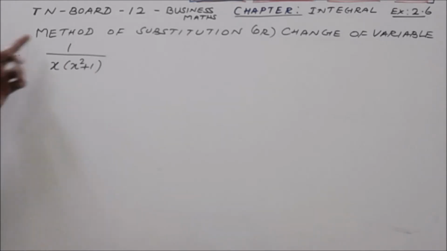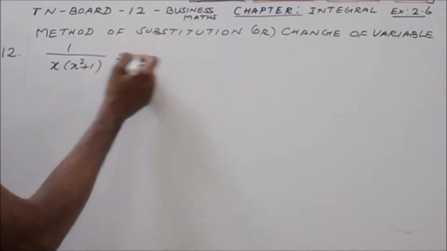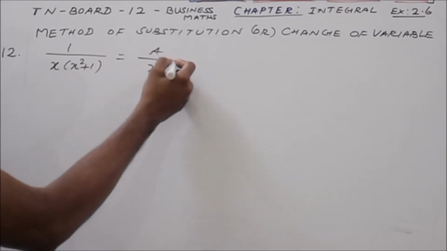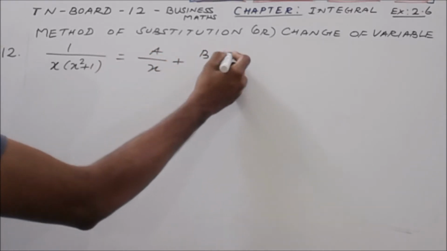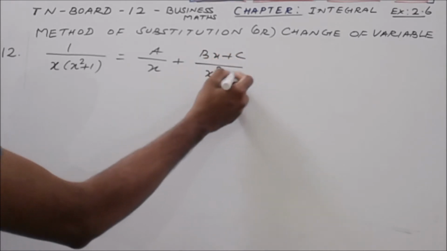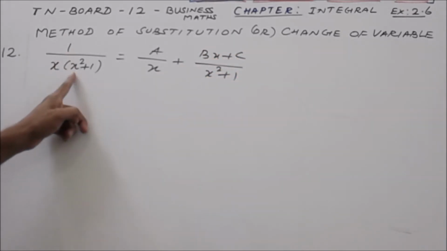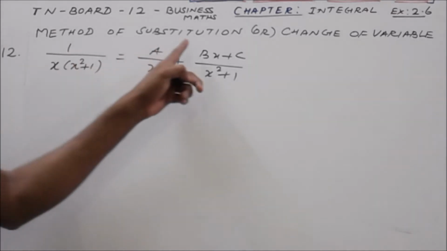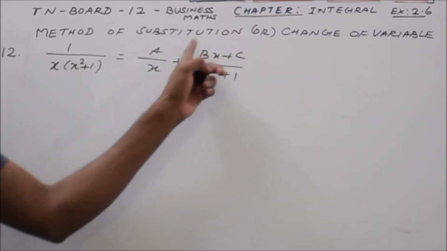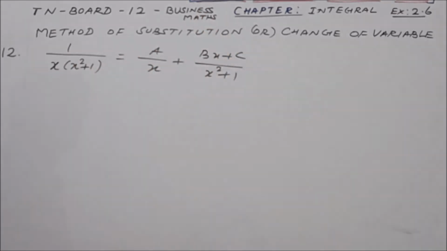Now here 1 by x into x square plus 1 can split into a by x plus bx plus c by x square plus 1. Here we have power 2, it is not factorable, so we have introduced two unknown constants for x square plus 1.